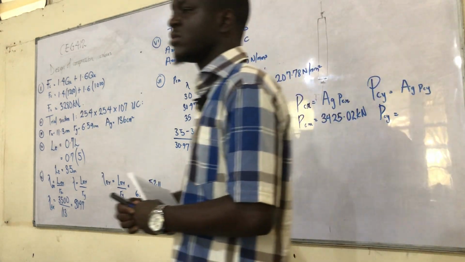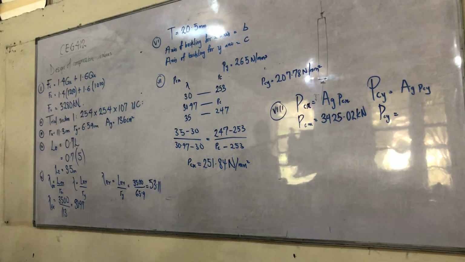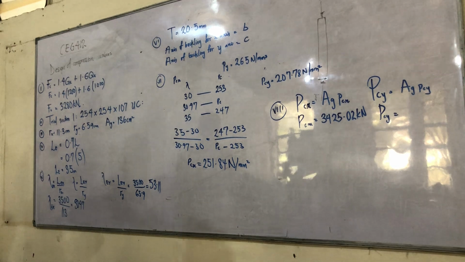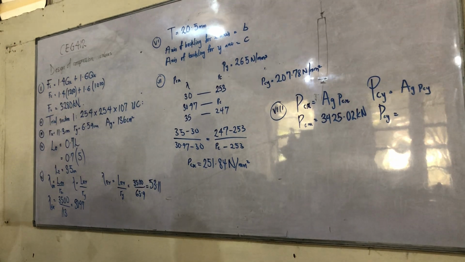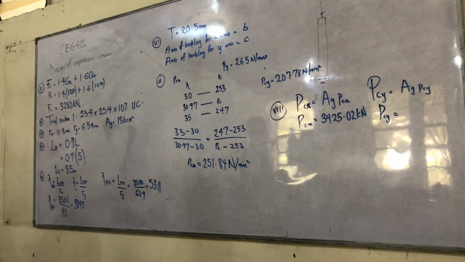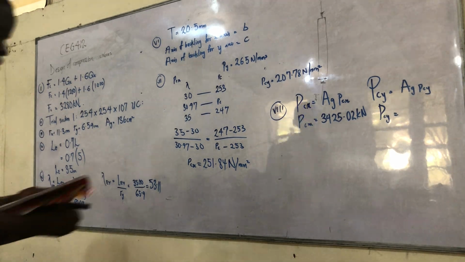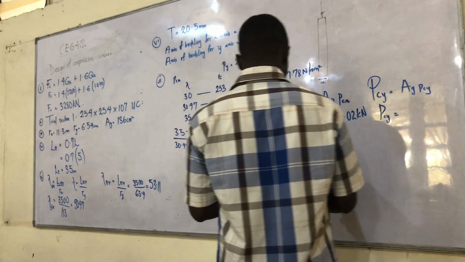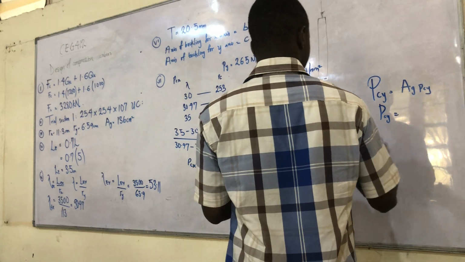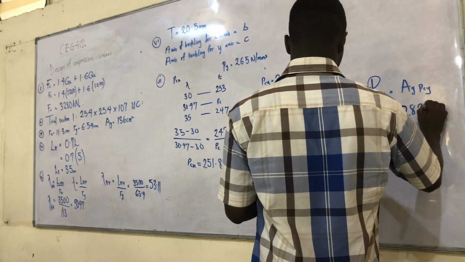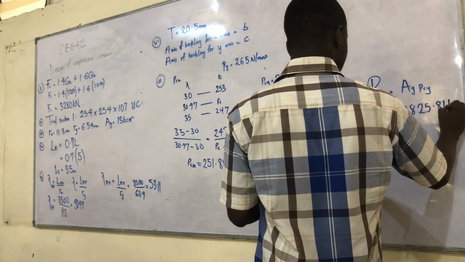Give me a calculator, please. Okay, you're correct. What's your PCY? 2825.81 kilonewton.